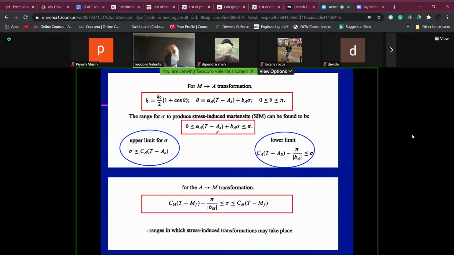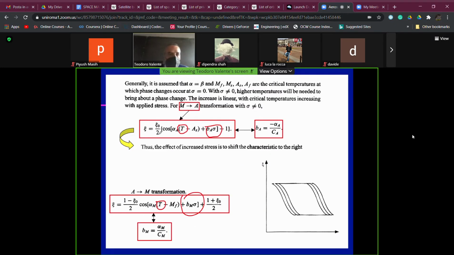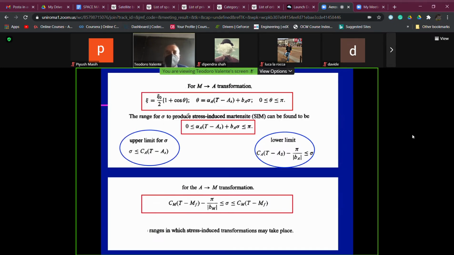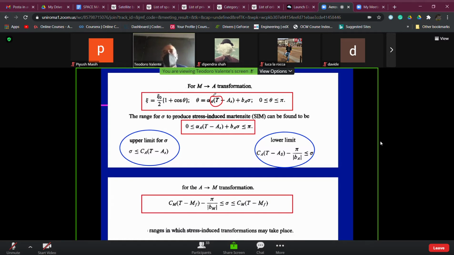And for example, if we have the martensite to austenite transformation, and so we have the general equation, which is this one, the first one, and we are working at a fixed temperature value, that is T is a fixed value, not varying in this case.